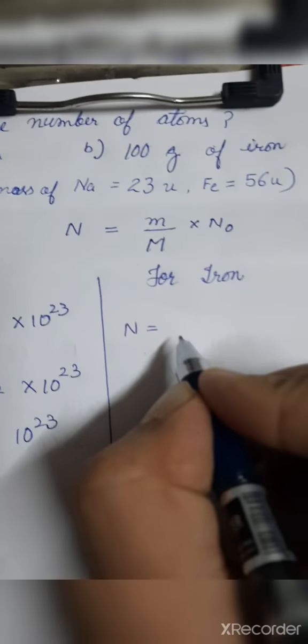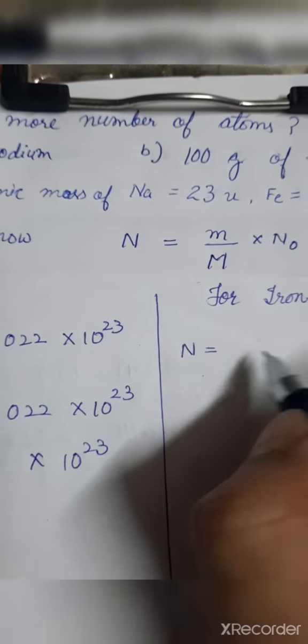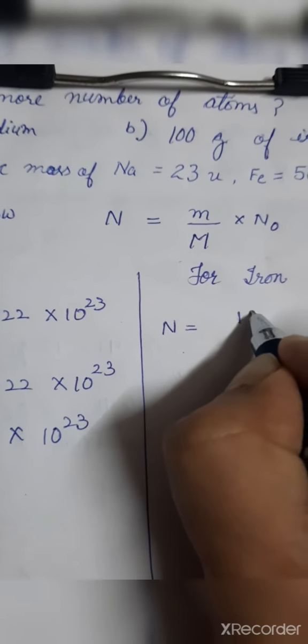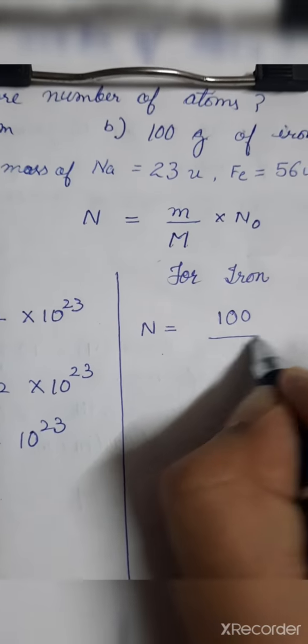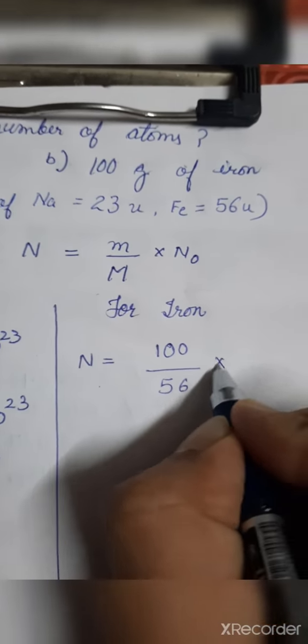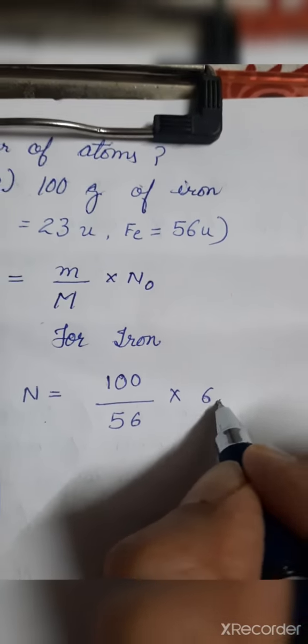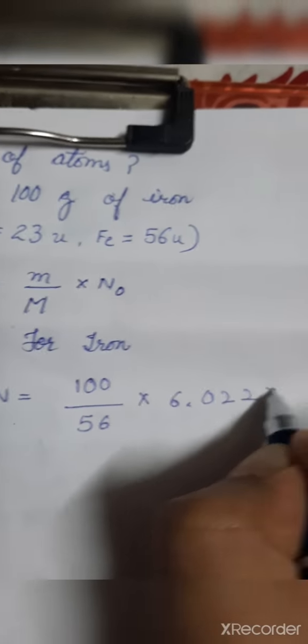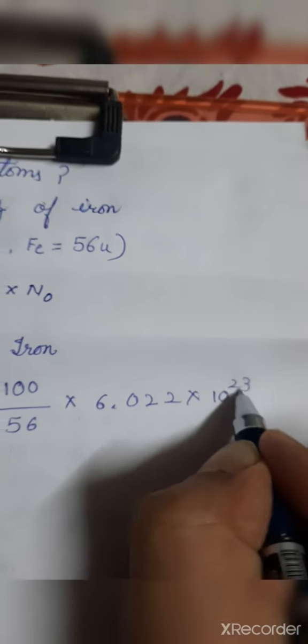Now we will calculate it for iron. Again, given mass of iron is 100 divided by molar mass of iron 56 into Avogadro number 6.022 into 10 raised to power 23.